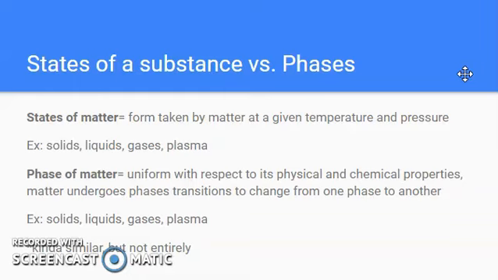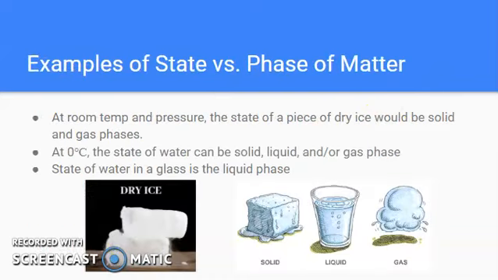So states of matter and phases of matter are kind of similar, but not entirely, because phases of matter are uniform with respect to physical and chemical properties, whereas states of matter are only uniform with respect to physical properties. Examples to make this difference more clear: at room temperature and pressure, the state of a piece of dry ice would be solid and gas phases.